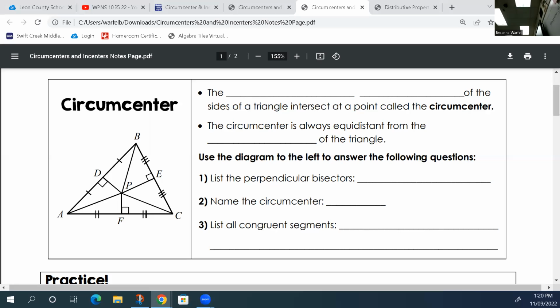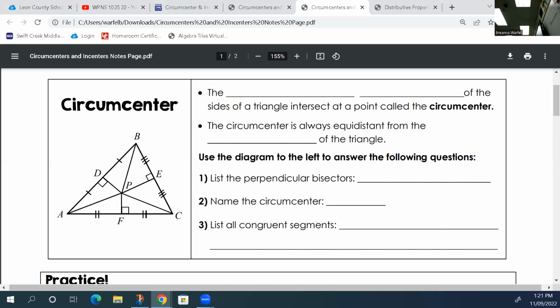So all of those red lines are congruent. That is really important. And then the other part down here that's listed on yours is that BD and AD are also congruent. BE and EC are congruent. AF and FC are congruent, but that's because the circumcenter is created by perpendicular bisectors.